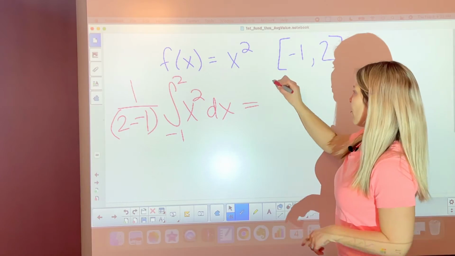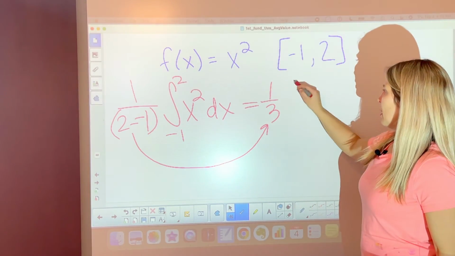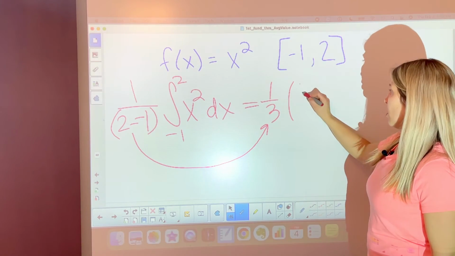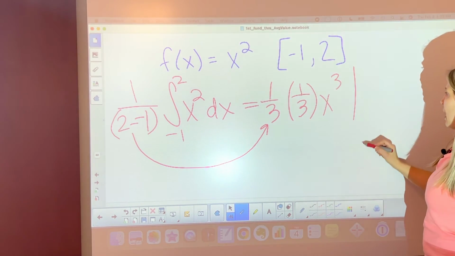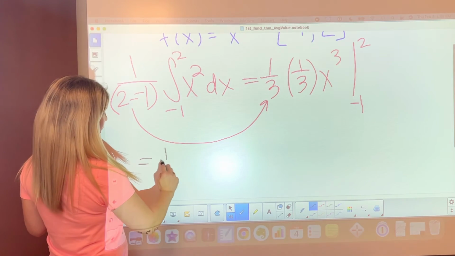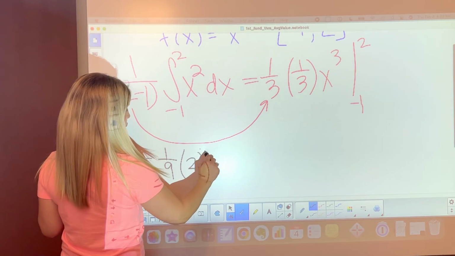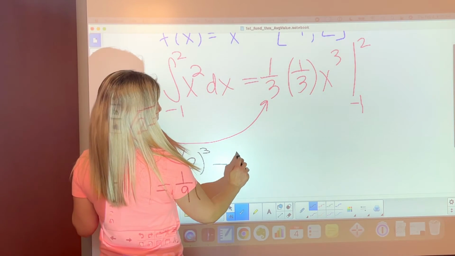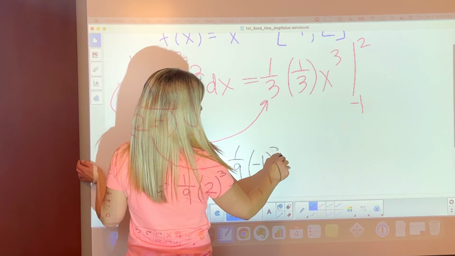So your function out front, you're going to have the 1/3 from this right here. Now we're going to integrate x squared, which is also going to give you another 1/3 because you added an exponent. Now we're evaluating from -1 to 2. So we have 1/9 out front, plugging in my x values, 2 cubed minus 1/9 times -1 cubed.